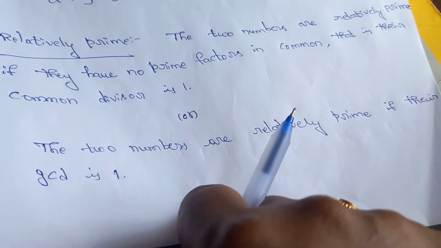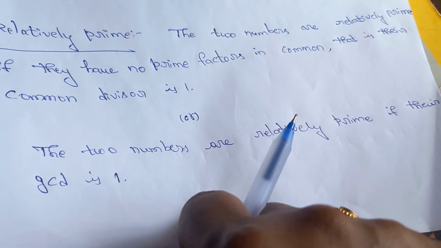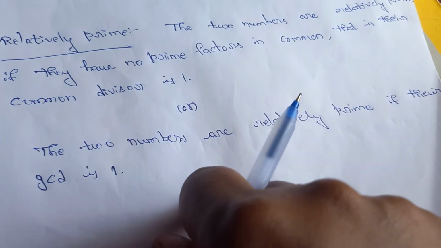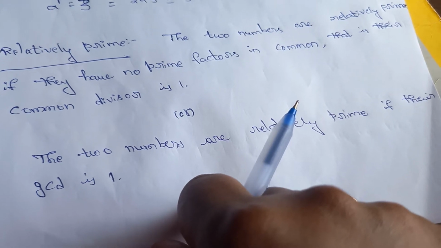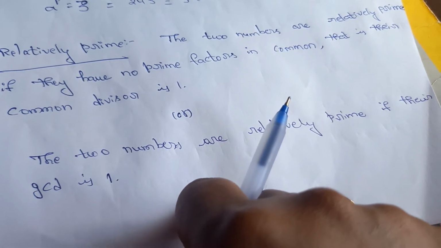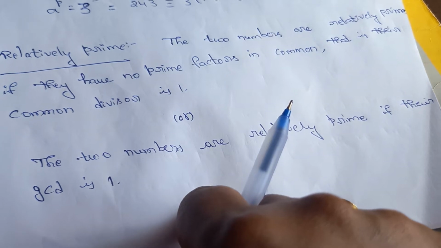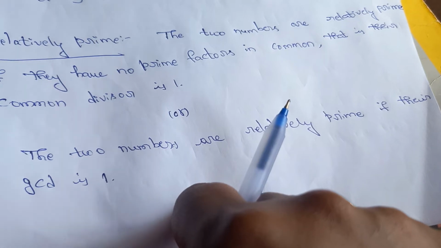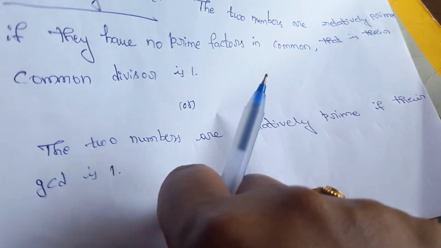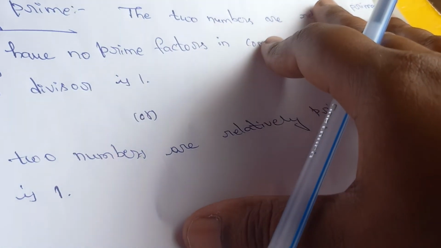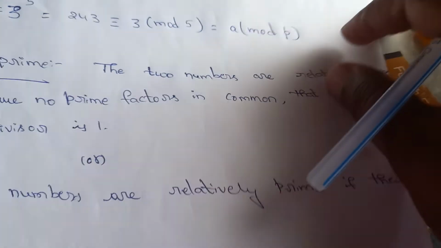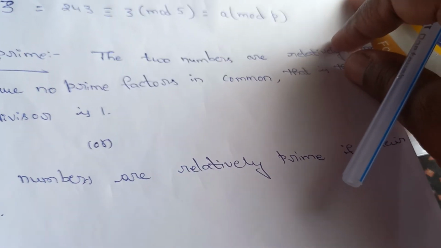Next consider 8 and 13. The factors of 8 are 1, 2, 4, and 8.